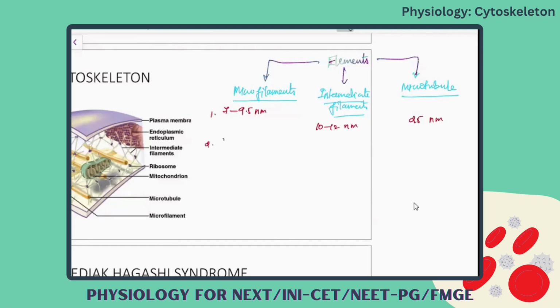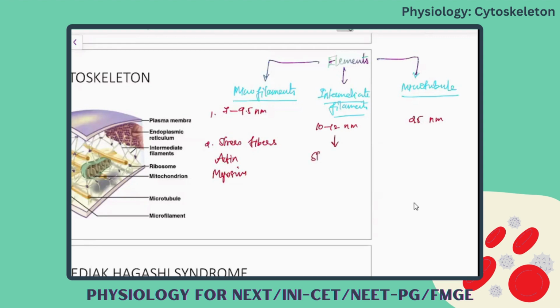Microfilaments are also called stress fibers, and you have actin and myosin.